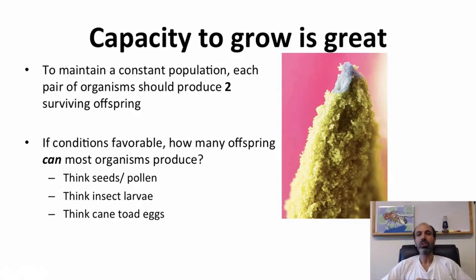Cane toads, as I mentioned a long time ago, are an invasive species in Australia and also in Hawaii, and they can have hundreds, thousands, of offspring just from one breeding pair. And it's even true for humans, that if humans were allowed to in some way, we could potentially, one couple could produce many, many kids, easily 10, 20, something like that.